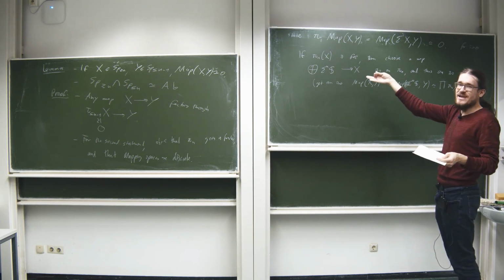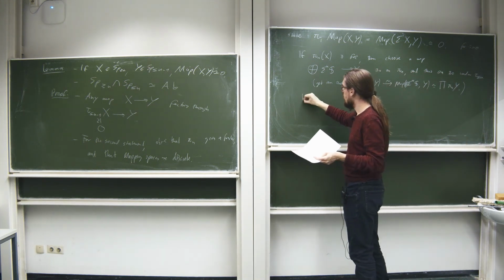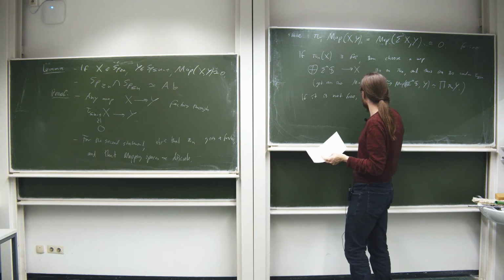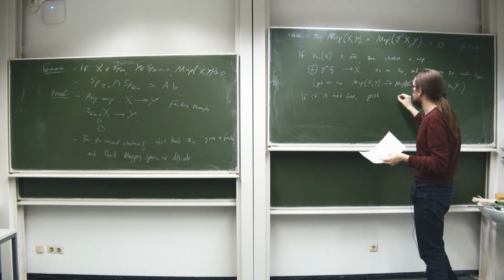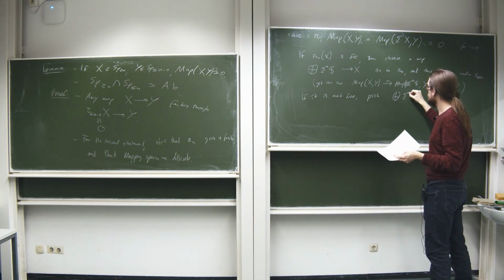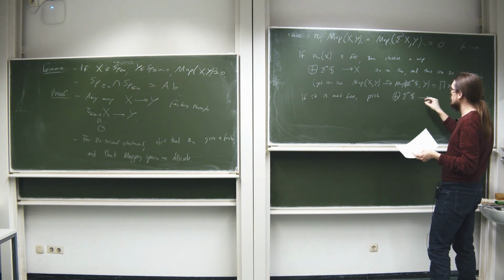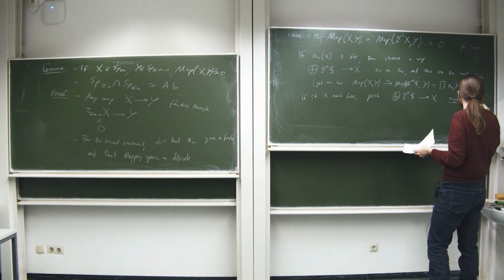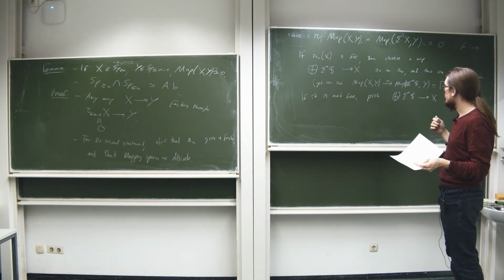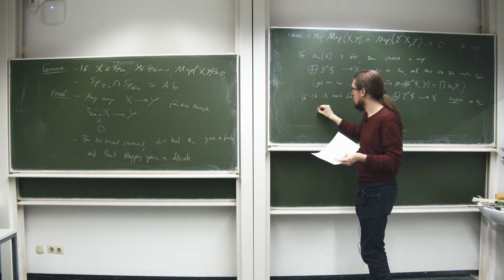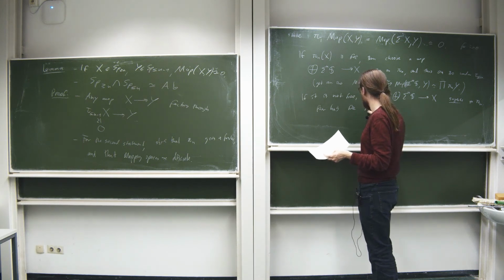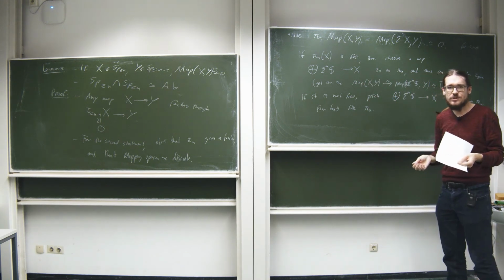And if pi n of X is not free, we pick a surjection, a map from this guy to X, which is surjective on pi n. And then the fiber has free pi n by the long exact sequence.